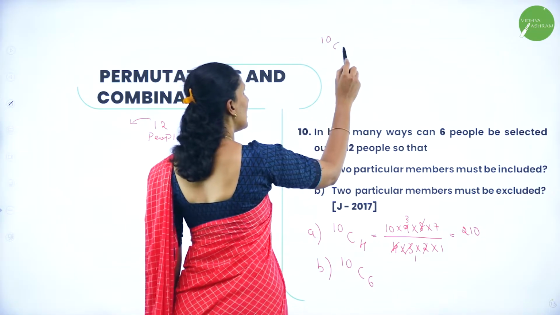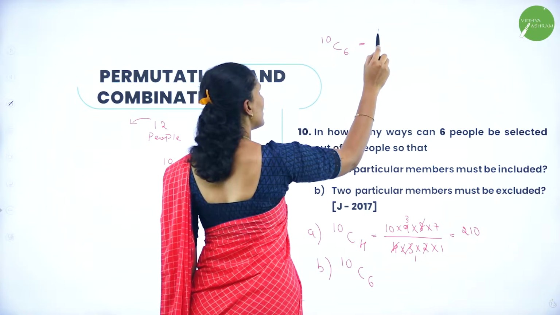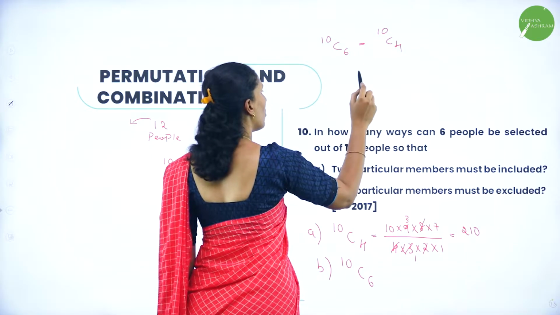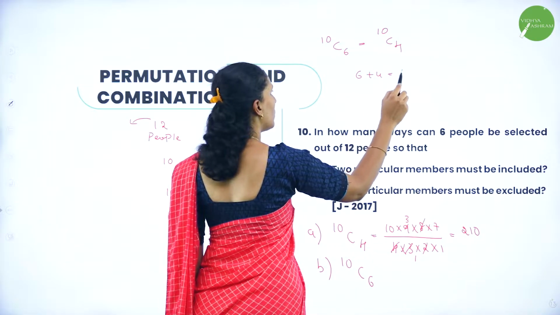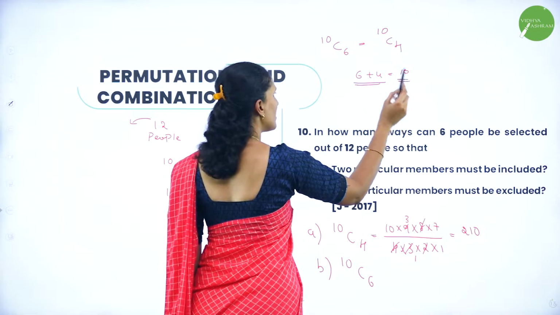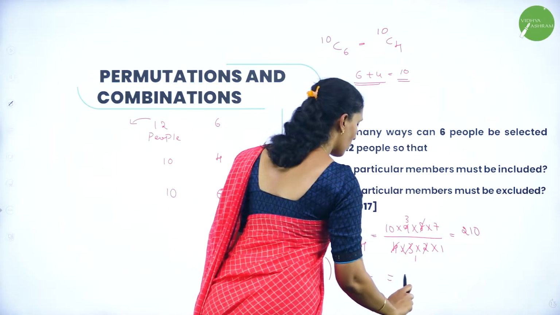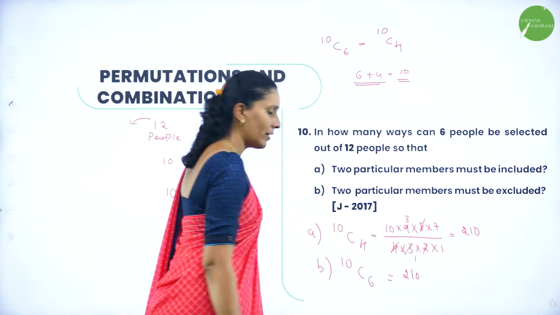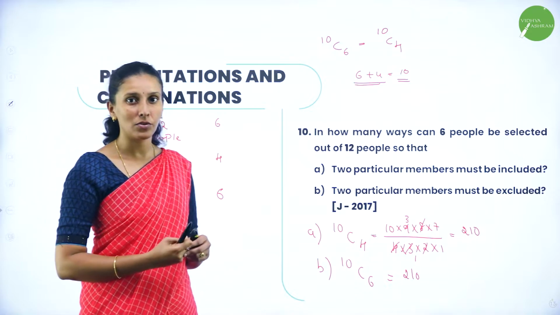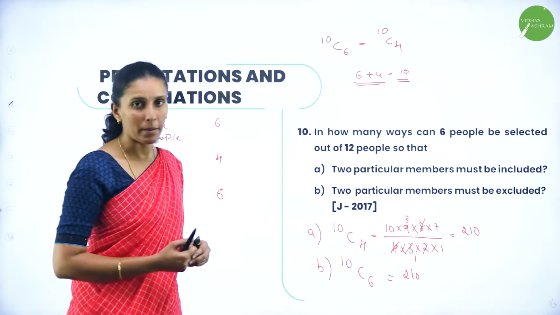Why? Because 6 plus 4 is equal to 10. When this holds, the values of the combinations are equal. So for 10C6 also, the value is 210. So we have 210 ways to select the particular members.